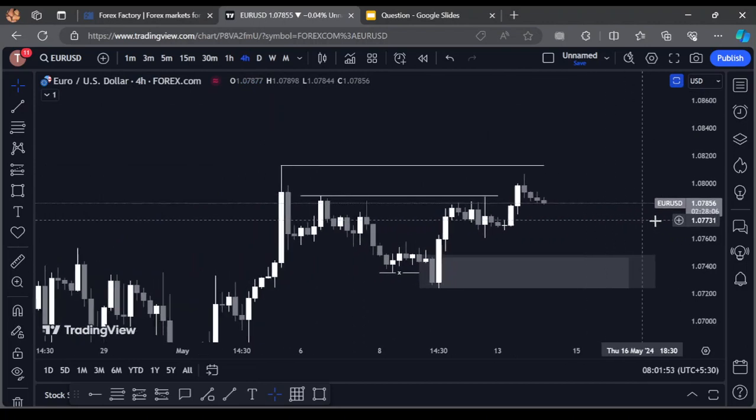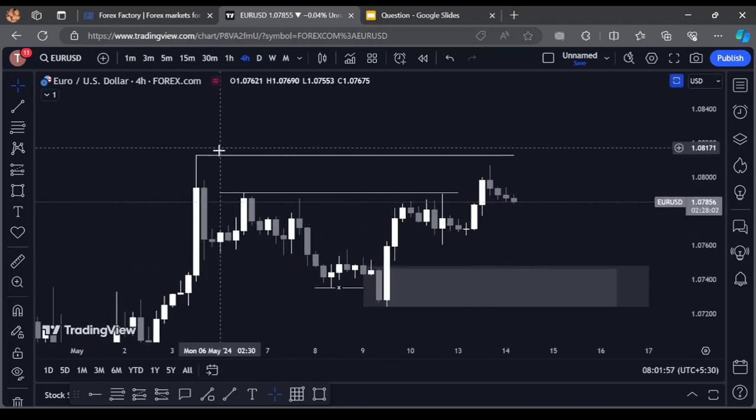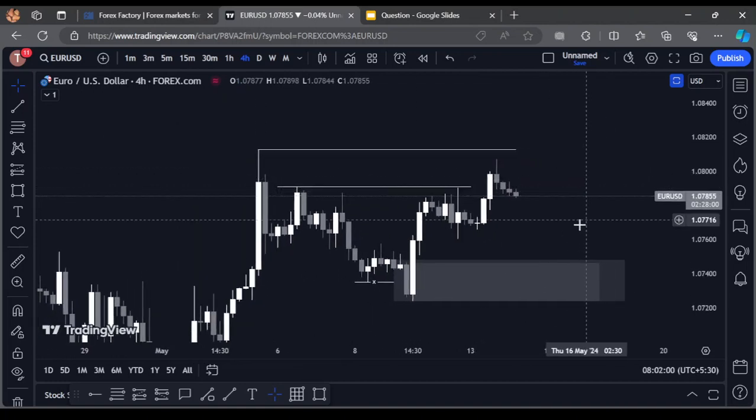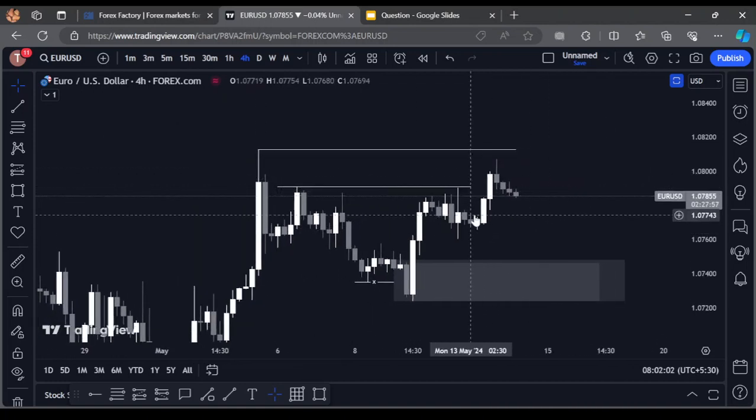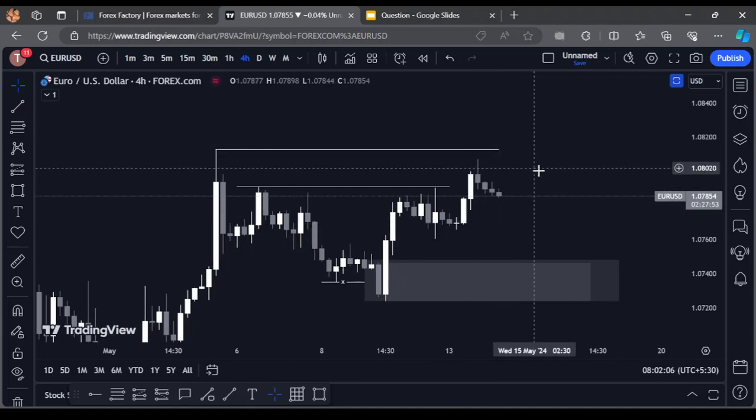Now this is what we are having, and this is making it an equal high actually. Most likely, if we respond from this particular area, we are going to see these highs go.